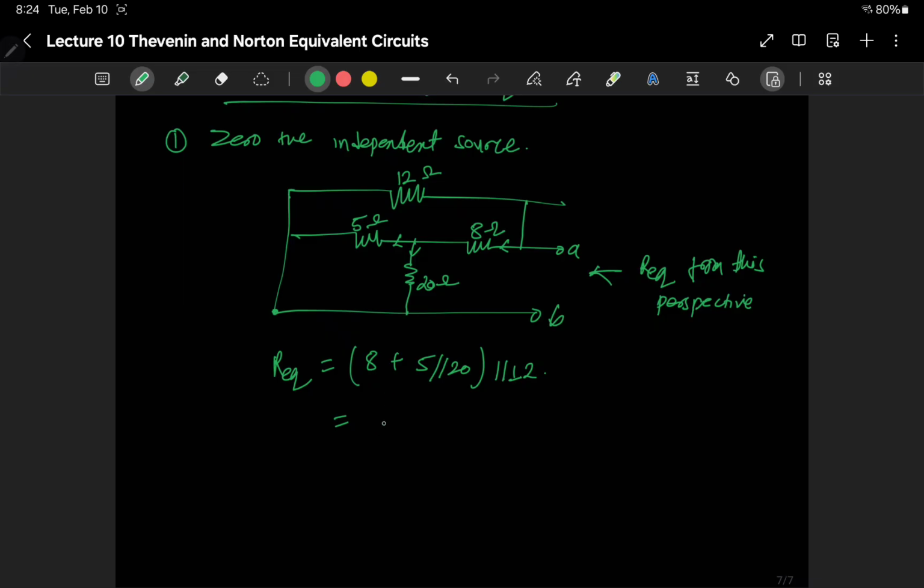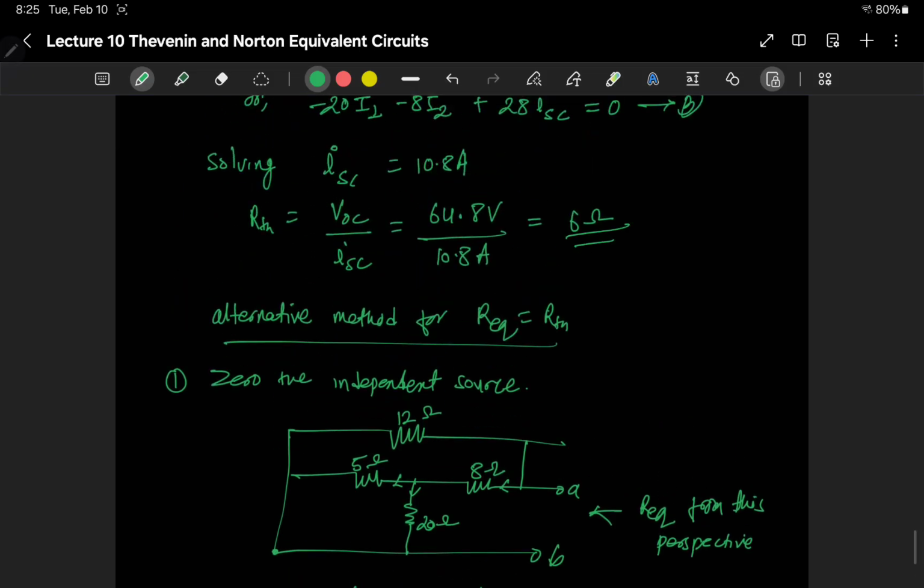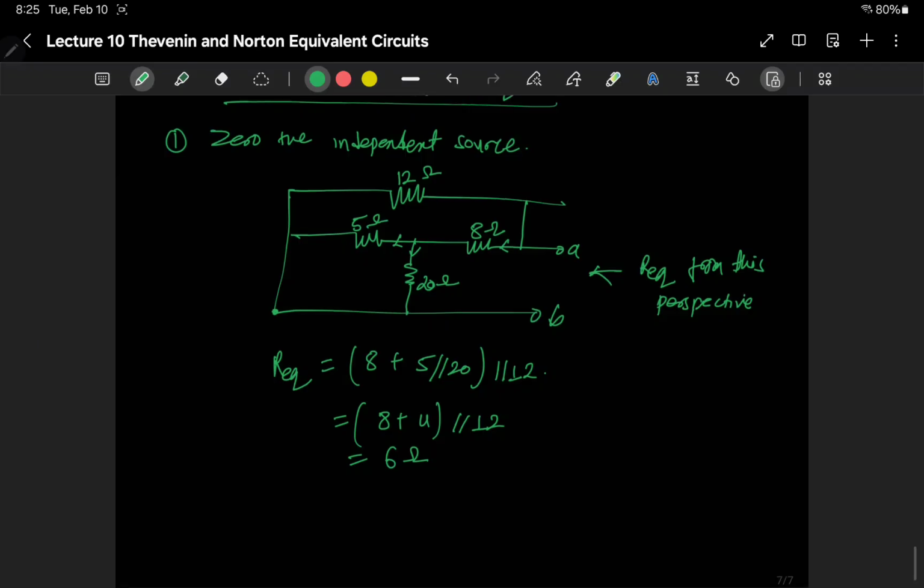That will give us 8 plus 5 times 20 divided by 25, which is 4, and that is in parallel with 12. So 12 parallel 12 is 6 ohm, which is the value we obtained here. So they match.